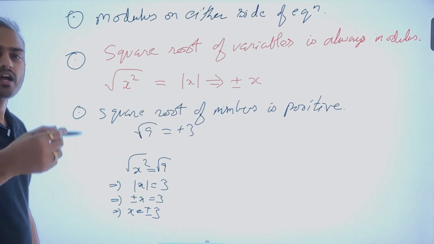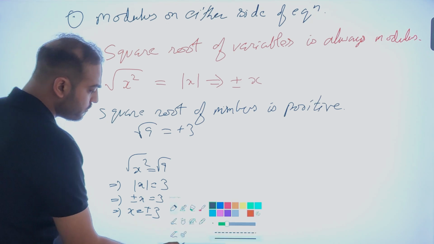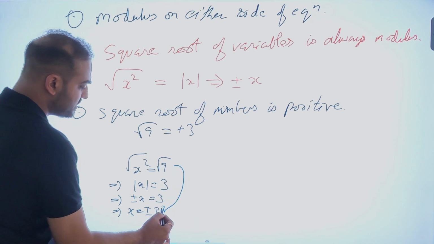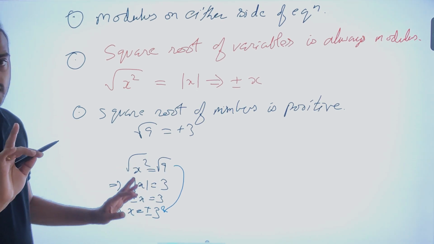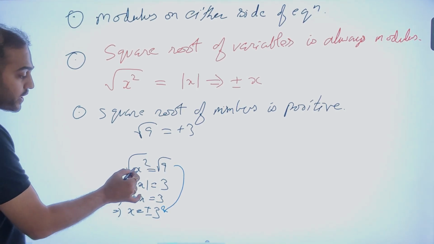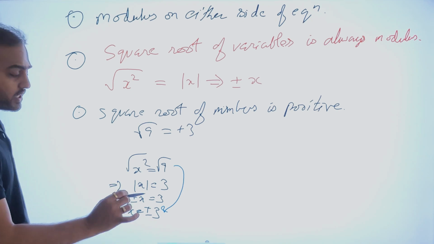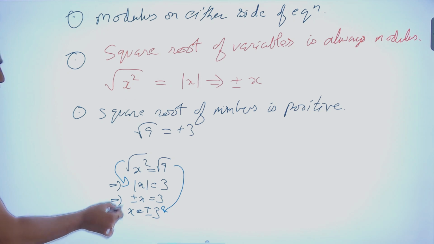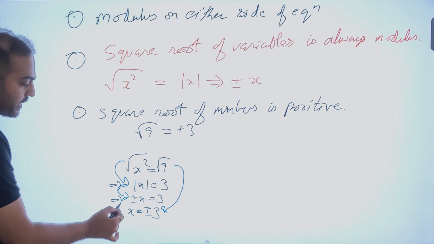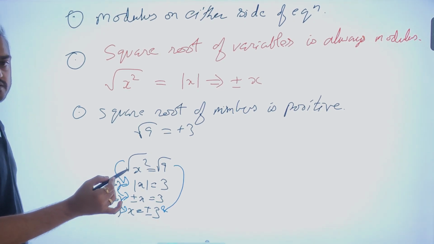What we usually do is, we directly go from this step to this step. So we think that square root of 9 is plus minus 3. That's not the case. And similarly, square root of x square is x. That's not the case. The point is, square root of x square is modulus. The modulus then is plus minus, and hence x is plus minus 3.